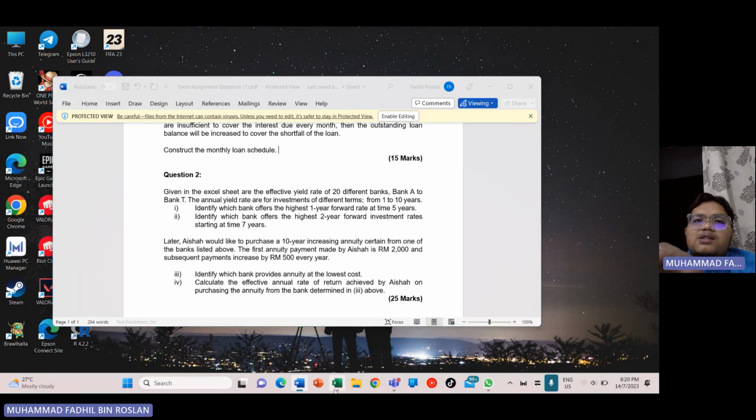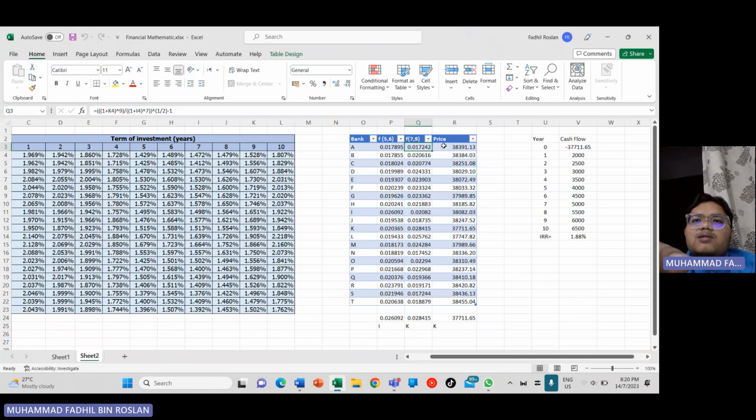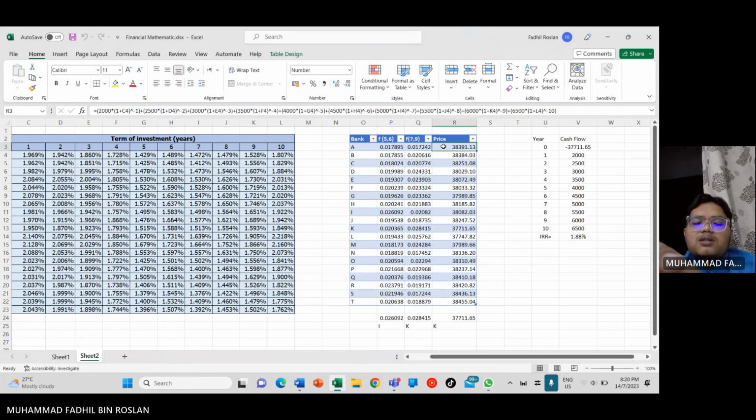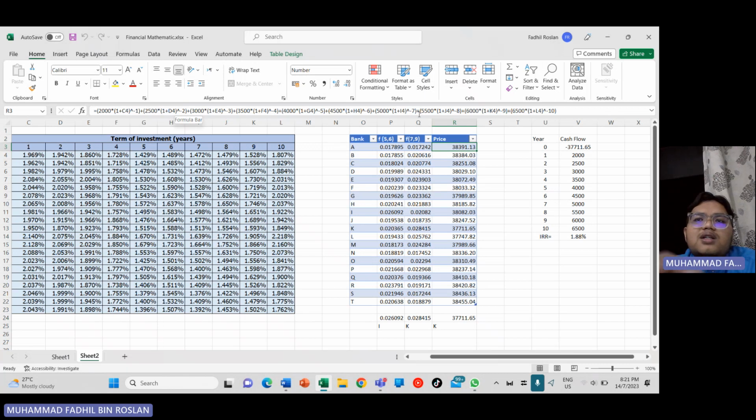From the Excel given, we need to calculate the price one by one. We take 2,000 times (1 plus C4) to the power of -1, where C4 is the spot rate of the first year, plus 2,500 times (1 plus the second year spot rate, 1.9942%) to the power of -2, and so on until year 10.